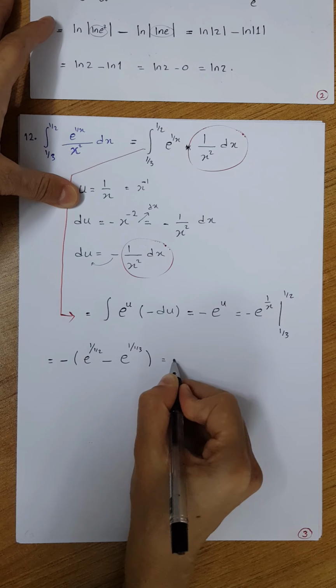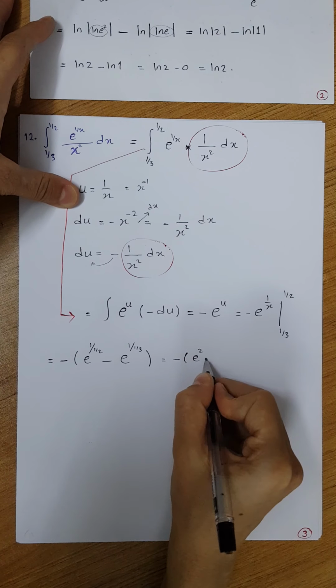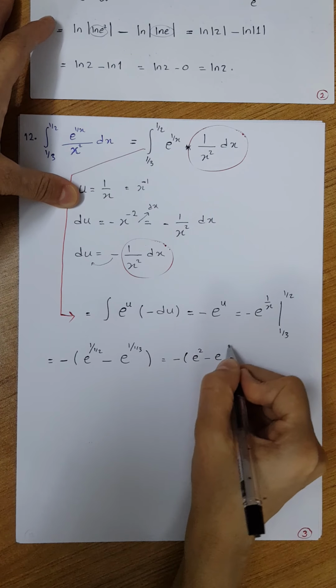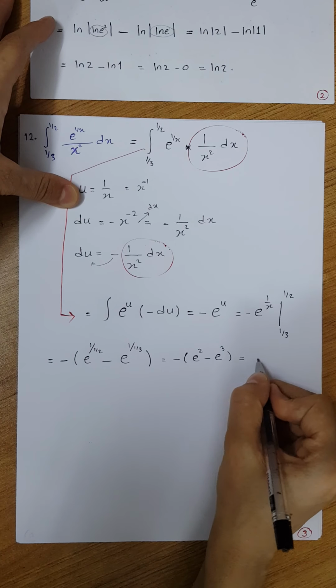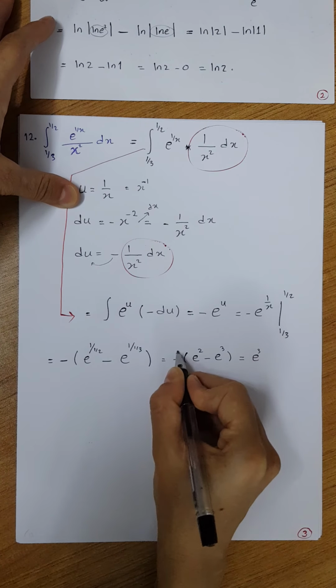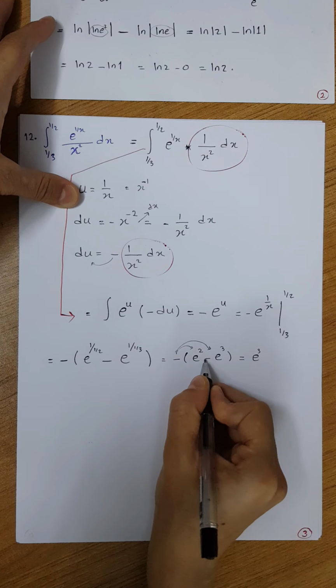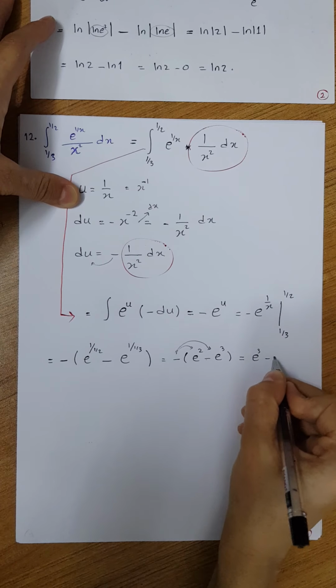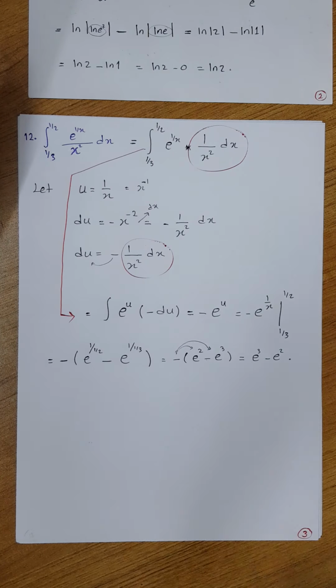So that is equal to minus e to the power of 1 over 1 over 2, which is 2, minus e to the power of 1 over 1 over 3, which is 3. Simplify this more: that will be e to the power of 3, because the negative is multiplied into both terms, so it will be positive e to the power of 3 minus e to the power of 2. That's the required result.